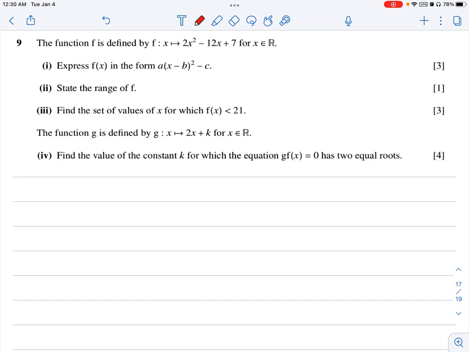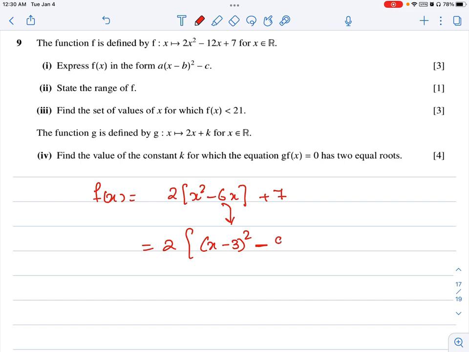The function f is defined such that f of x is equal to 2x square minus 12x plus 7. Completing the square: take 2 common, x square minus 6x. Don't touch that 7. So x minus half of this number every time, including the symbol, whole square, every time minus the square of this new number. What was that new number?